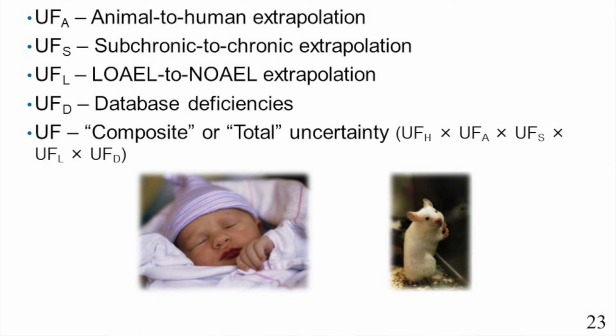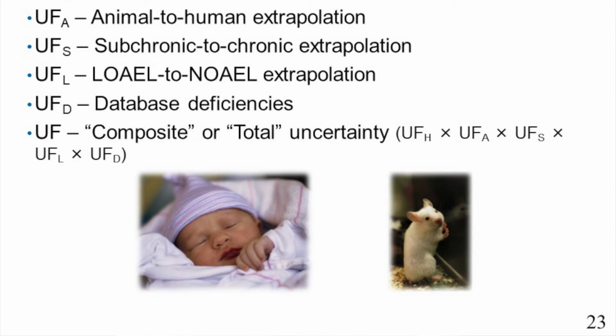And above all, and across all of those elements, there are the database deficiencies. So how robust are the data? Do we have multiple studies? And a sufficient number of subjects or animals or experiments have been conducted?